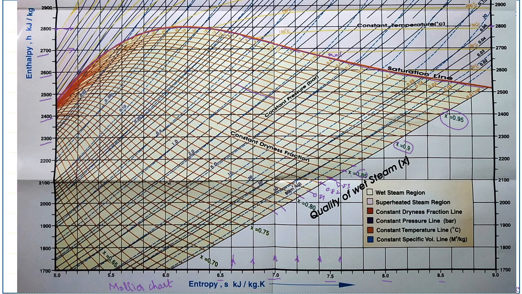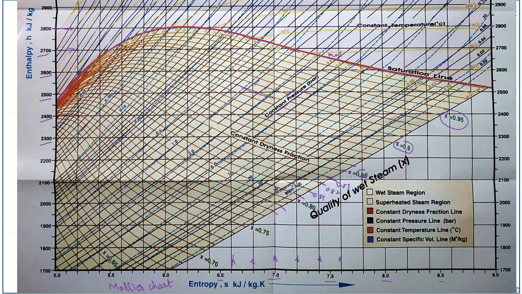Then after that, constant pressure curves are also given here. So constant pressure curves we can see here. It is written here constant pressure curve. So the curve which is exactly below this constant pressure word, constant pressure in bar. So all these curves which are parallel to this dark curve are representing constant pressure.